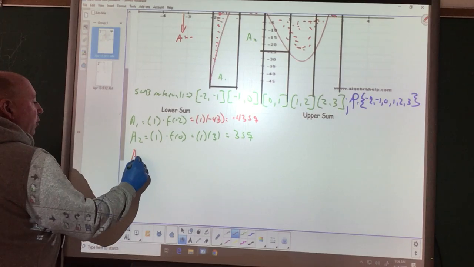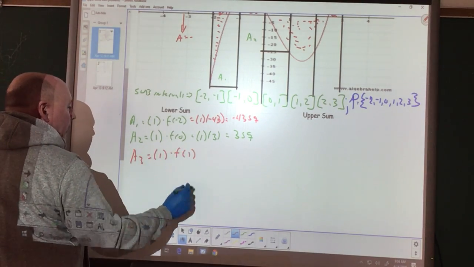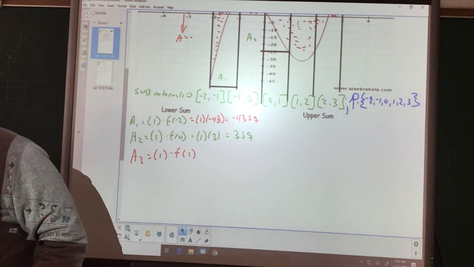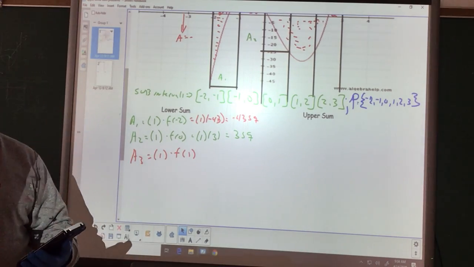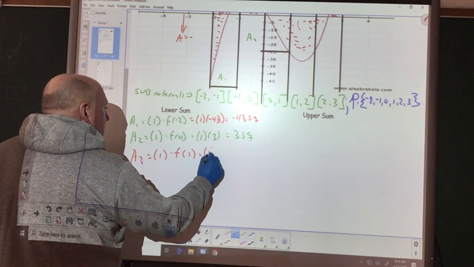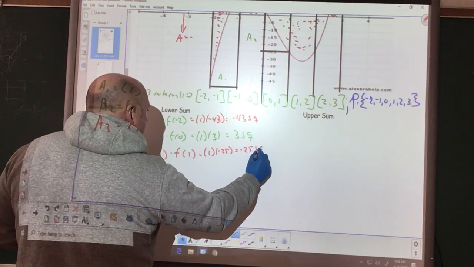So my A3 is my base, still 1, times my function value at 1. So once again, I'm going to go to my calculator, type in the value of 1, I get a value of negative 25. So we have negative 25 squares.